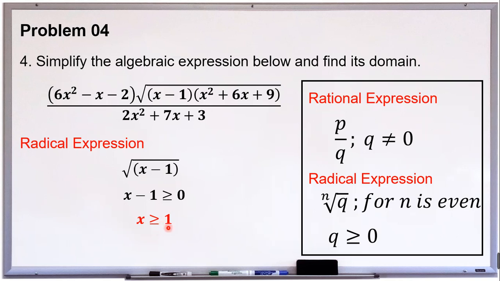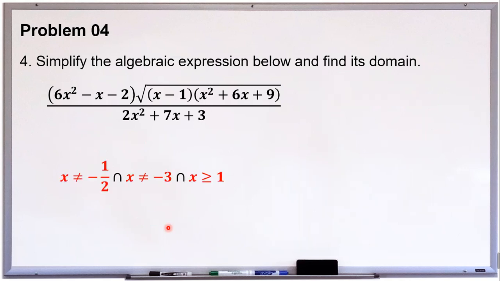So this will be our third domain. Now we have three domains. In order for us to know the domain of this expression, we're going to take the intersection of these three domains. So again, x not equal to negative 1 half, intersection of x not equal to negative 3, and the intersection of x greater than or equal to 1.